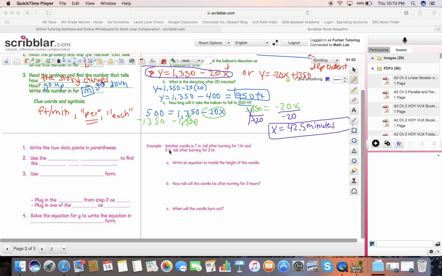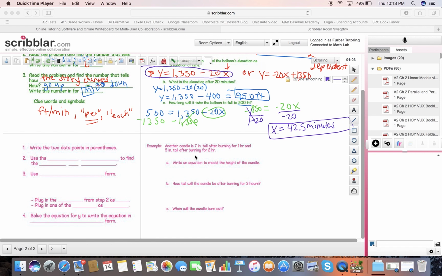This one says, a candle is 7 inches tall after burning for 1 hour, and 5 inches tall after burning for 2 hours. If you look really carefully, it does not say how tall the candle is at the start of it. It does not say what the candle began at in inches.